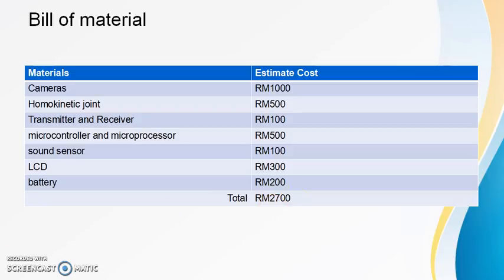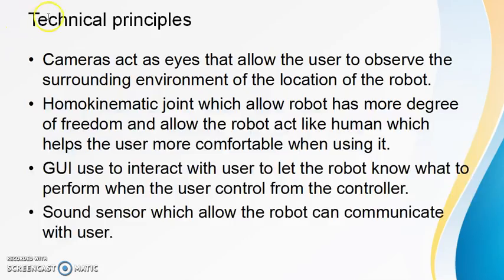And next, we would like to talk about the technical principles in our design. First of all, we use the camera to act as the eyes to allow the user to observe the surrounding environment of the location of the robot.